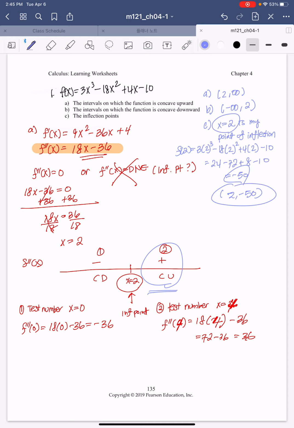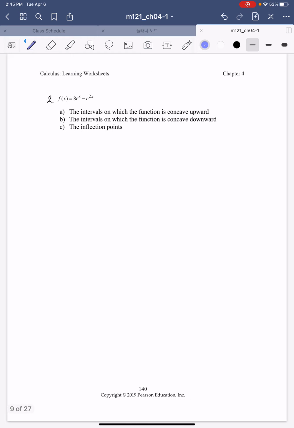Okay, so this is very similar to our first section. Instead, we just deal with the second derivative. So let's do one more exercise. This time, let's do something other than a polynomial. Let's take a look at an exponential function.